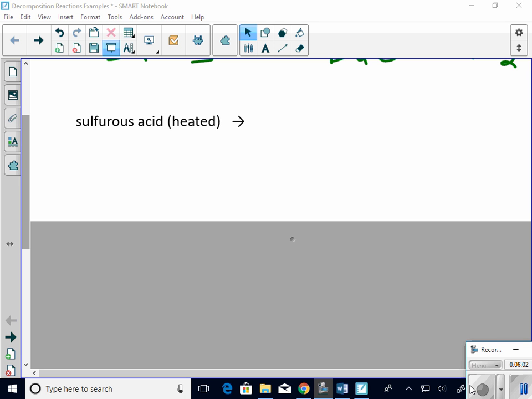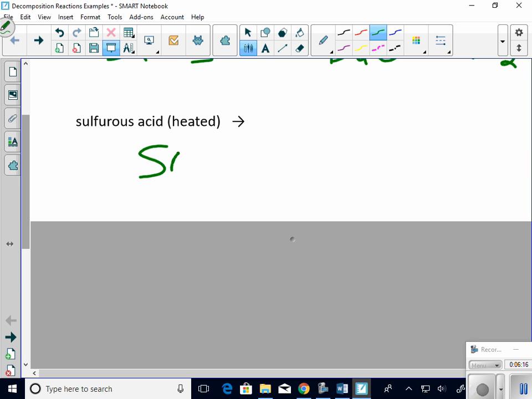All right, acid rule number 2, telling me that the OUS is ITE. So I am dealing with sulfite. SO3, what's sulfite's charge? 2 minus. So how many hydrogens do I need? H2SO3, right?